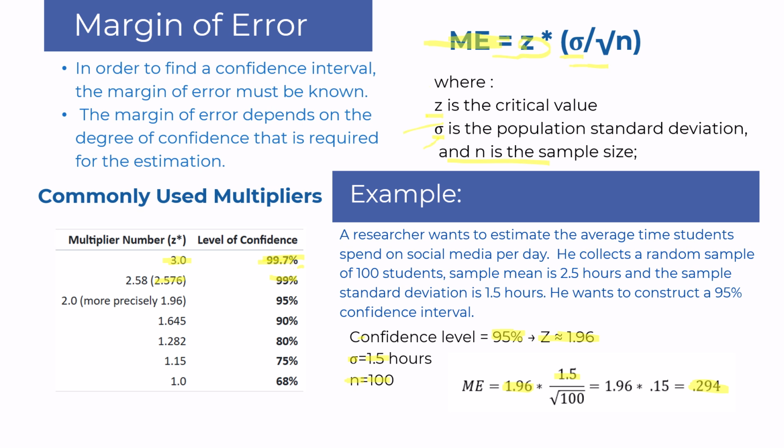Okay, so we can now make use of this to compute for the confidence interval. So please verify and check whether it's really 0.294. So that's 1.5 divided by the square root of 100.